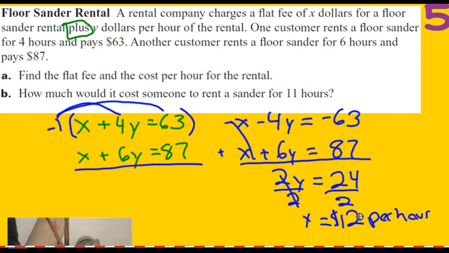Now we need to find what the flat fee is. So we're going to take that 12, and we're going to plug it back into one of our equations. I think it's easiest to do this top one, so we could have x plus 4 times 12 equals 63. 4 times 12 is 48, plus x equals 63.